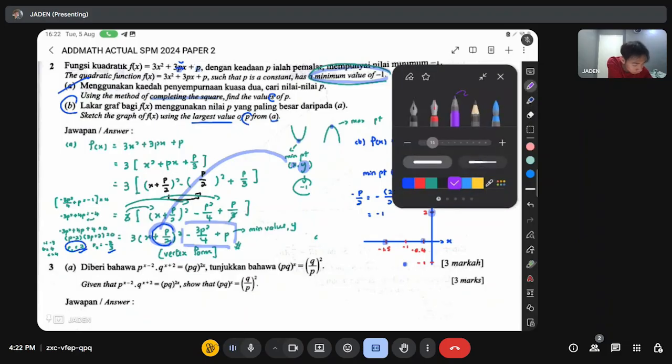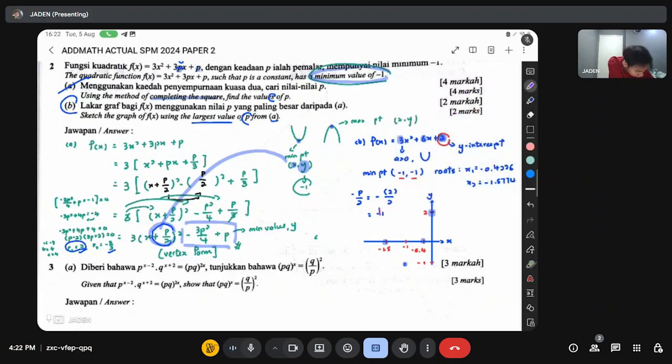So your entire graph will look something like this. That is how you're going to sketch your graph. You may label f(x) equal to 3x squared plus 6x plus 2. And that is the end of the total 6 marks for Form 4 Chapter 2.